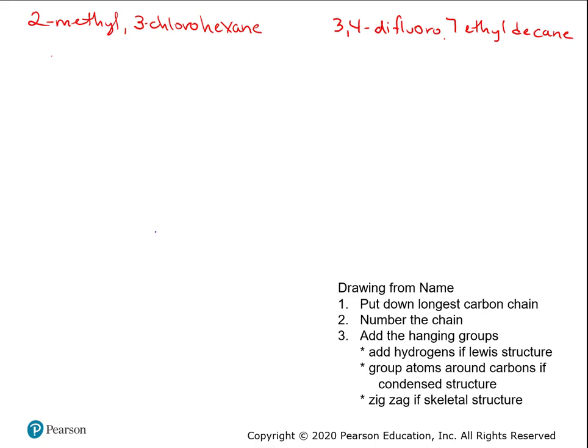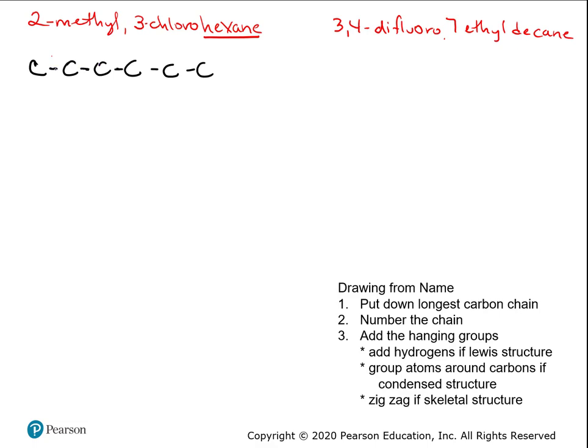Like, what do you always put down first? The parent, right? So you look at the very last name, and it is hexane. So what am I going to put? 6 carbons in a row, okay? And you don't even have to do them in some strange position. You can just put 6 carbons in a row. So 1, 2, 3, 4, 5, 6.